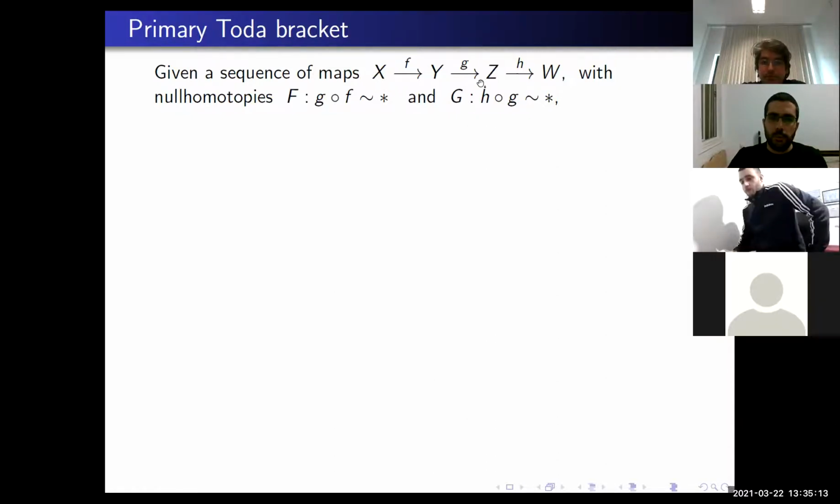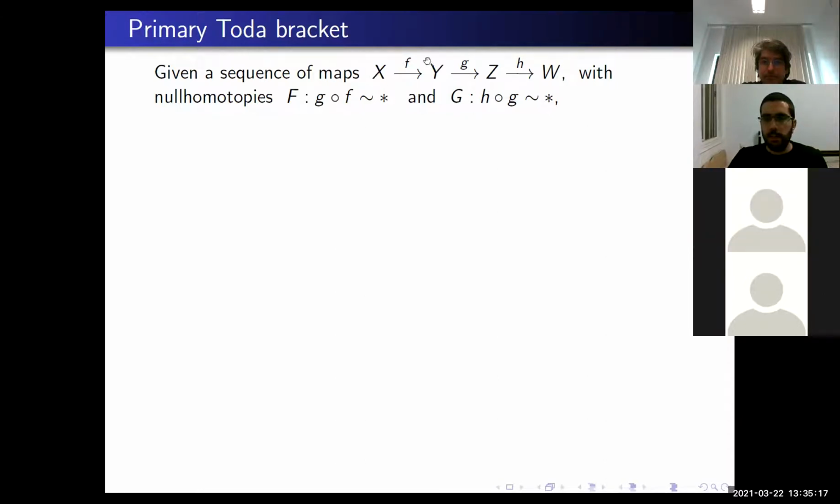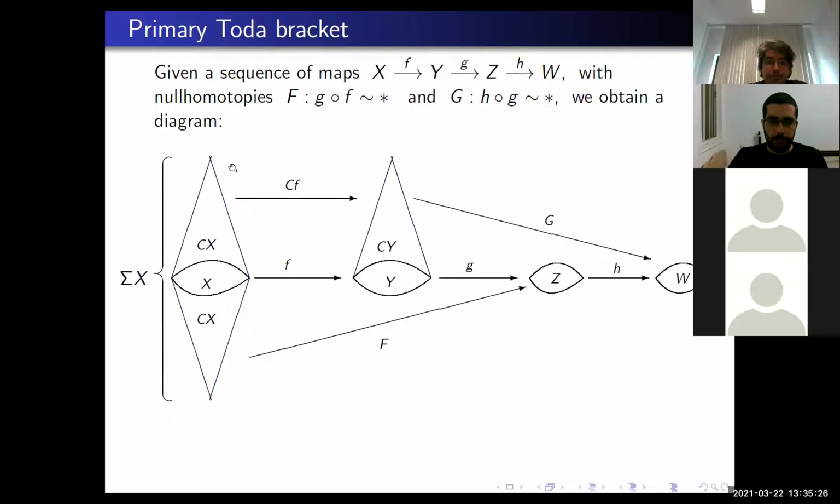So if the composition here is null homotopic and the composition here is null homotopic, and we choose some null homotopies for these compositions, then we get the following.